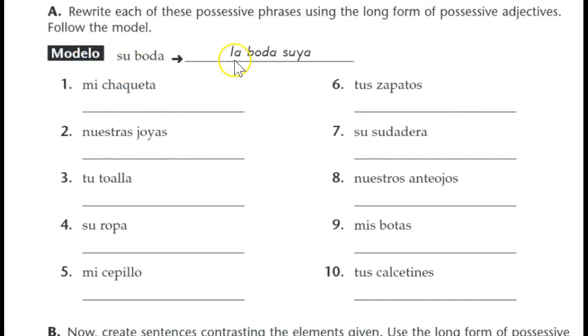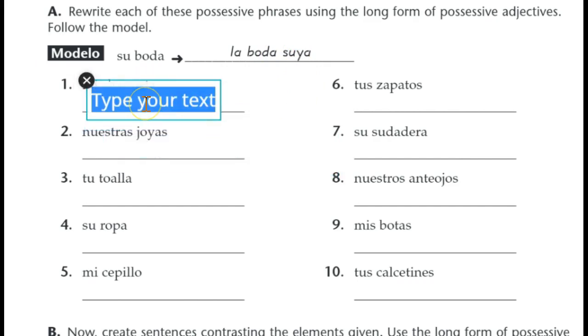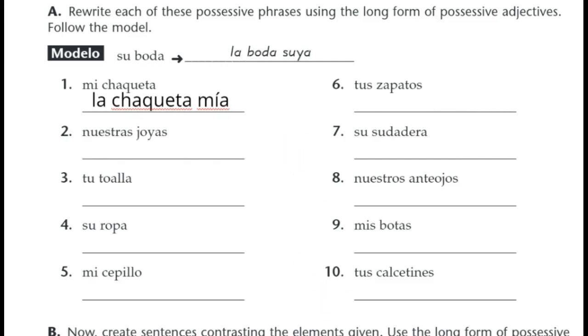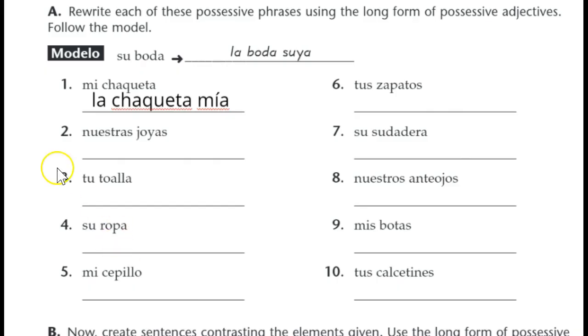Su boda becomes la boda suya. So you see how that works? So mi chaqueta becomes, you've got to think of masculine and feminine, right? La chaqueta mía. Okay? You're going to use one of those in that list that I just showed you here. You're going to use one of these in each one of the activities you do.